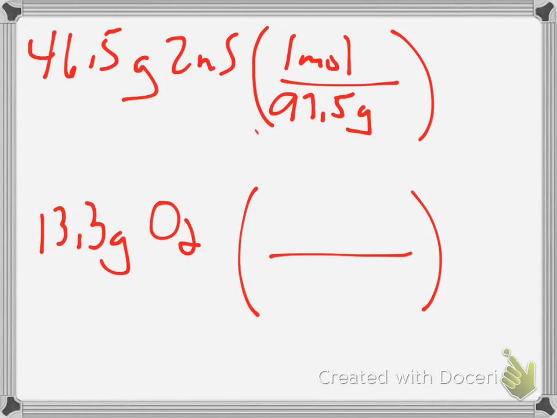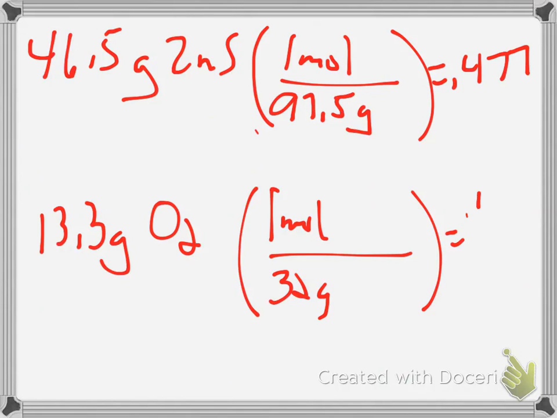So our value for this would be 0.477. For oxygen, it's 32 grams in 1 mole. And so this value is going to give us 0.416 moles. So these are both mole values now.